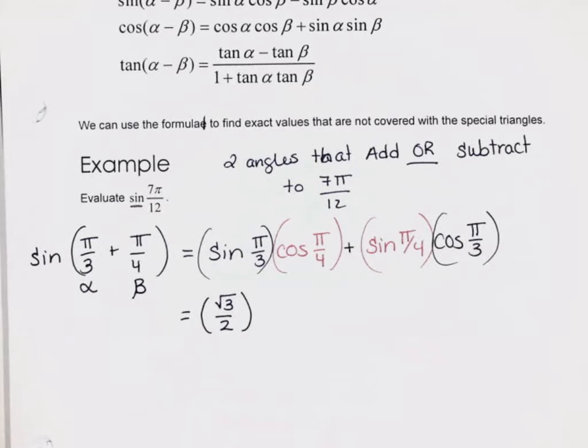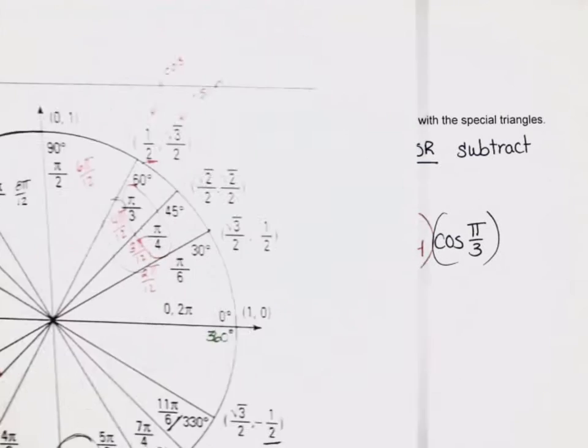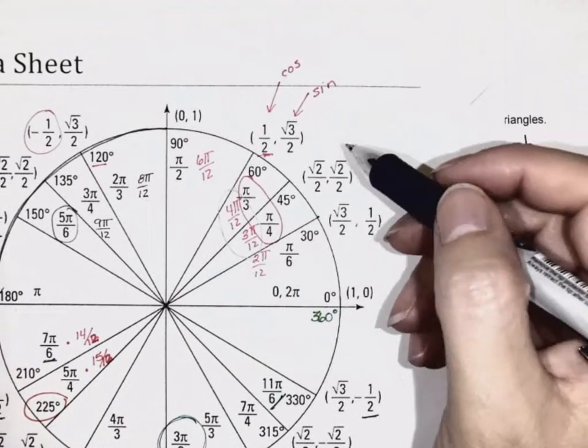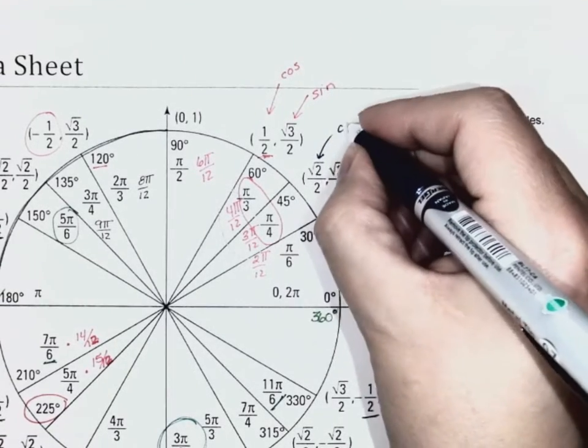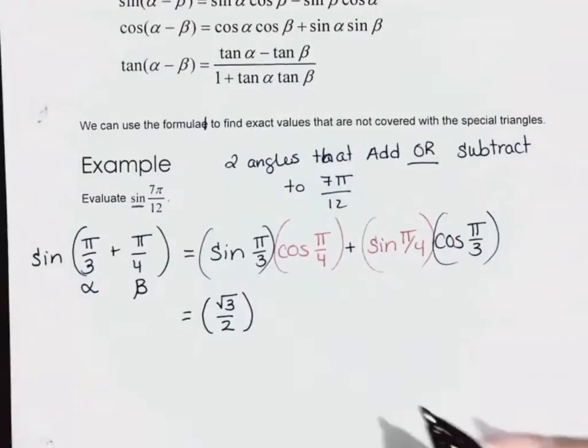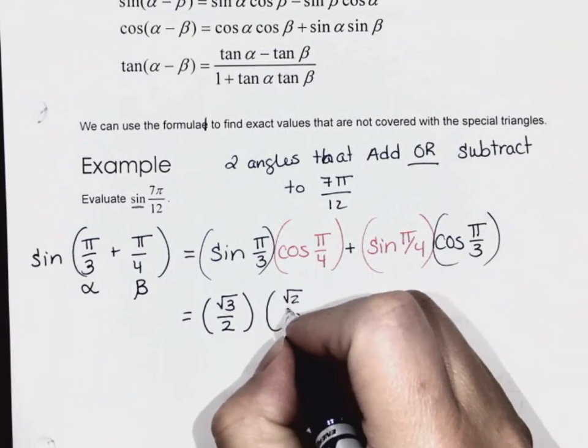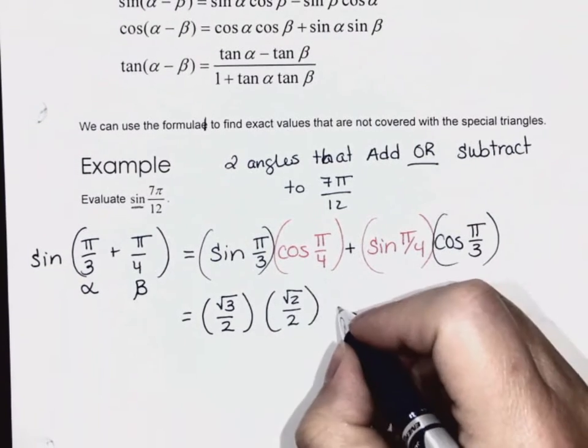You're not going to have a calculator, so exact values. You will get a blank one. And then if we go to cos of pi over 4, cos is going to be the x value, so that's root 2 over 2.